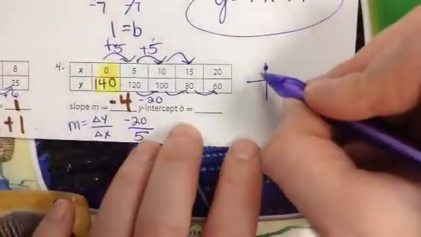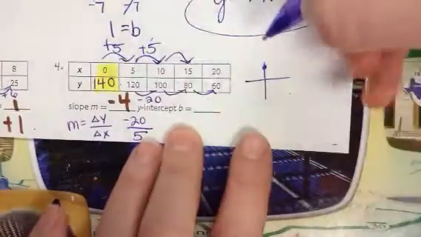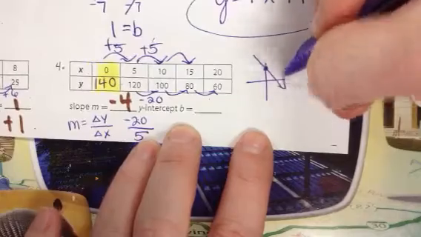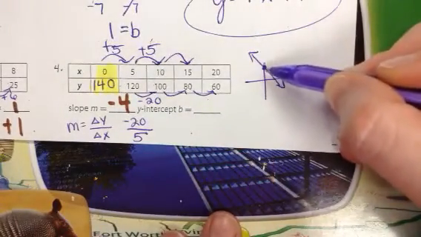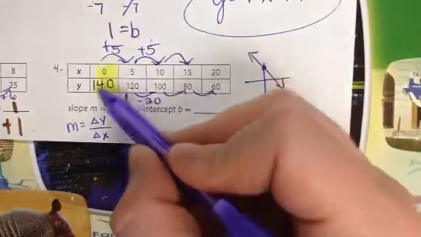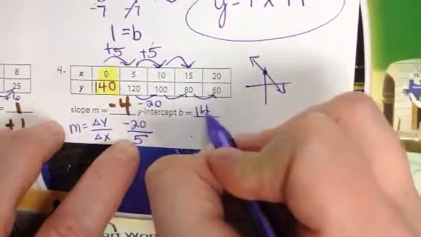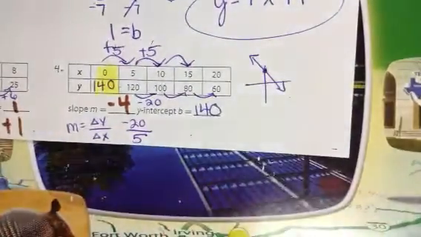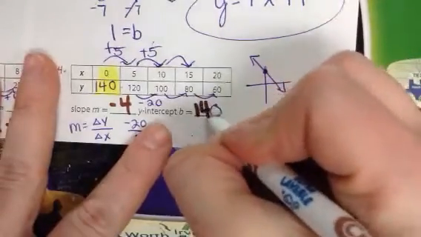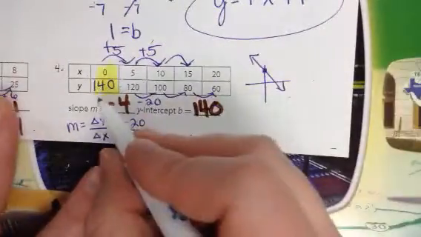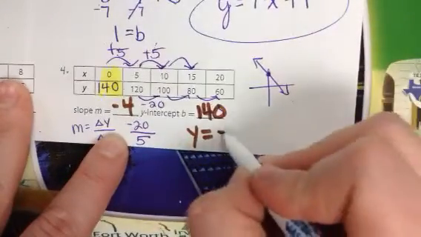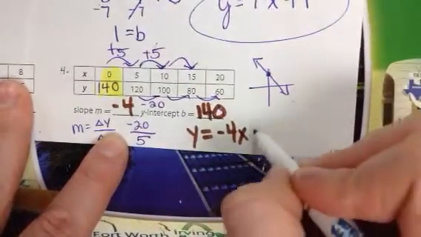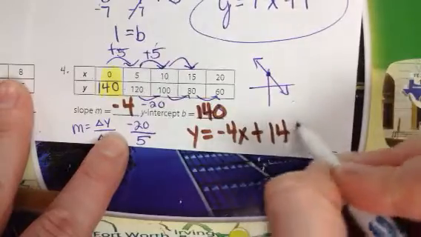This one had a negative slope, so it's going to be going downward. We said negative 4. But it's crossing, so the y-intercept, I can see in the table, is 140. So the equation that represents this table is y equals negative 4x plus 140.